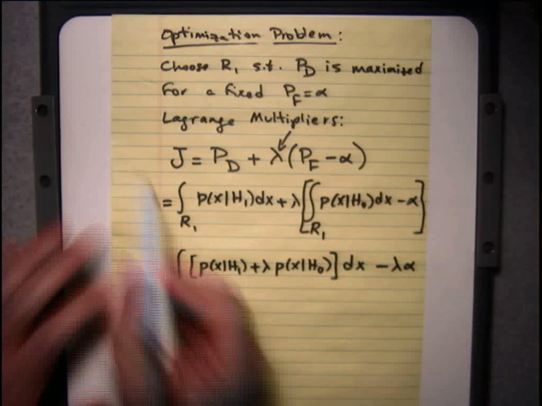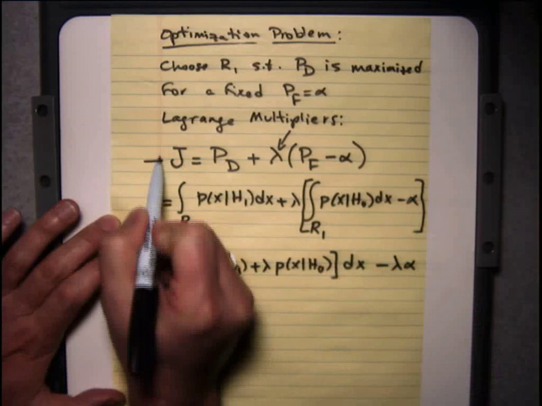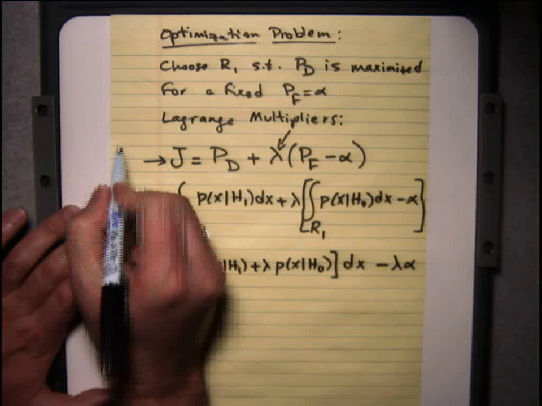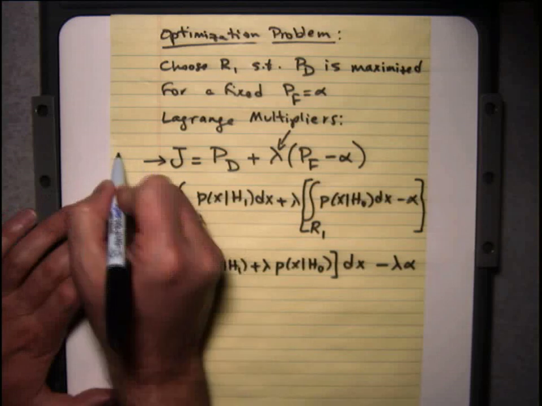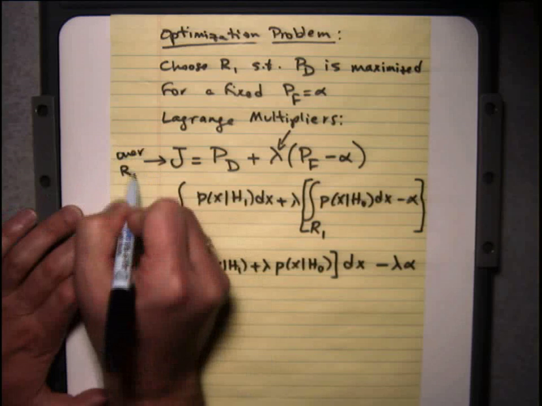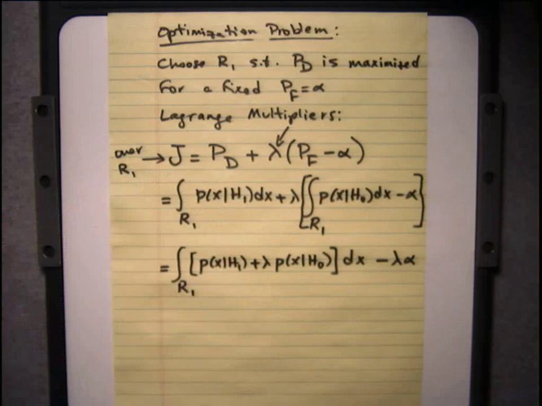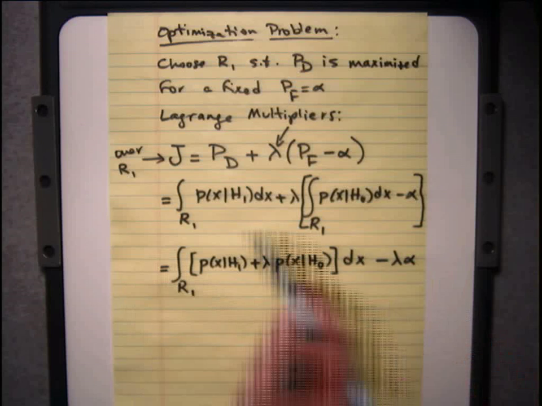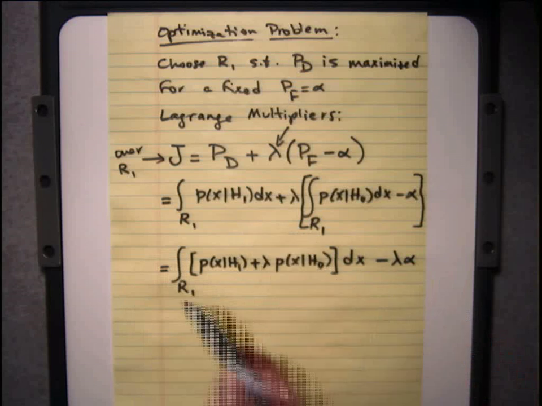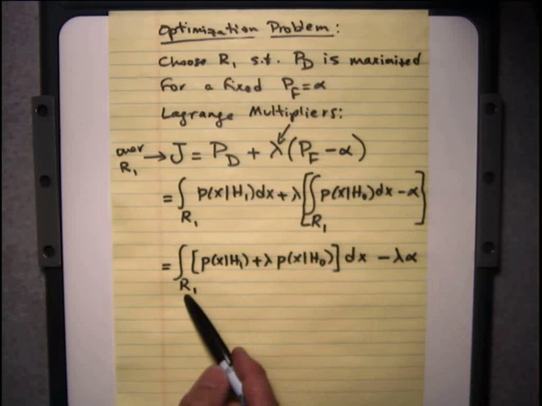Now remember, what we're trying to do is to maximize this thing over R1. This R1 is the region that we have to choose, right?